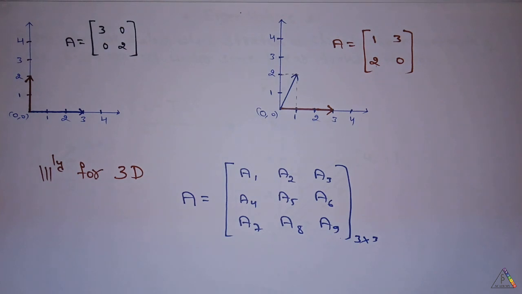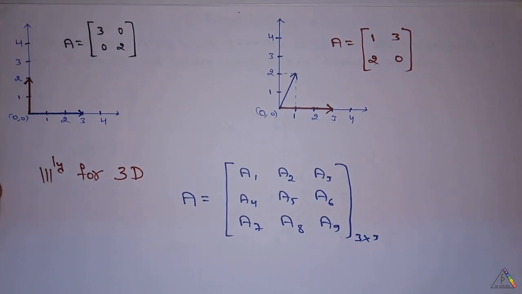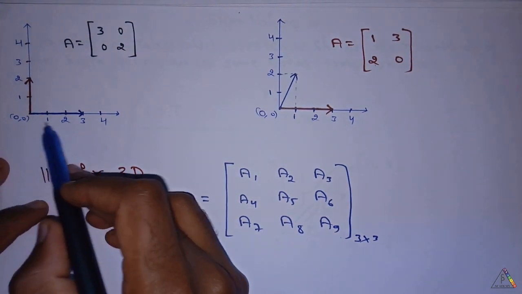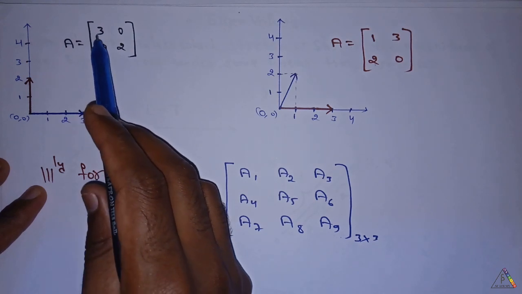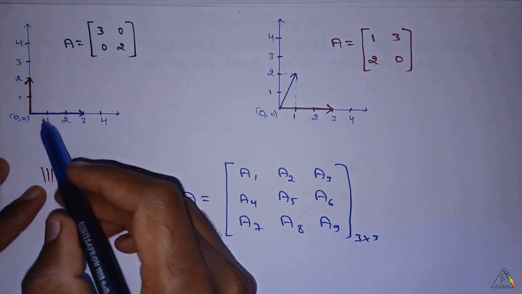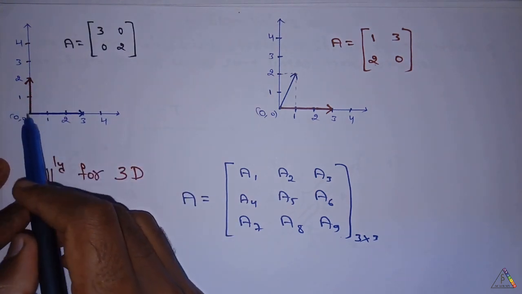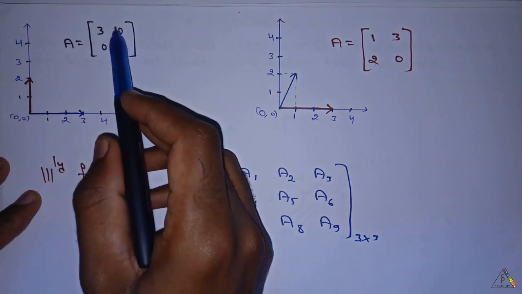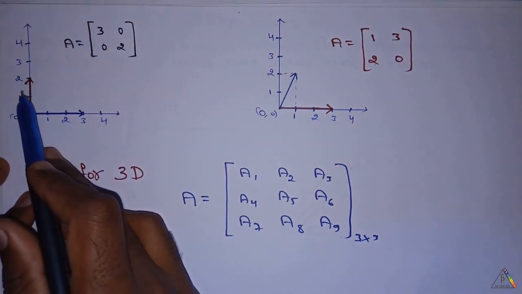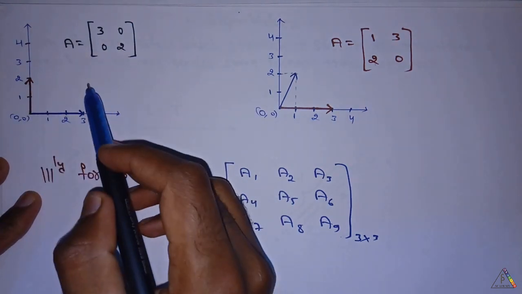Here similarly I have represented two vectors in the xy plane in a 2 cross 2 matrix form. Here the blue vector has the component of 3 along the x-axis and the component of 0 along the y-axis, and this red vector has the component of 0 along the x-axis and the component of 2 along the y-axis.